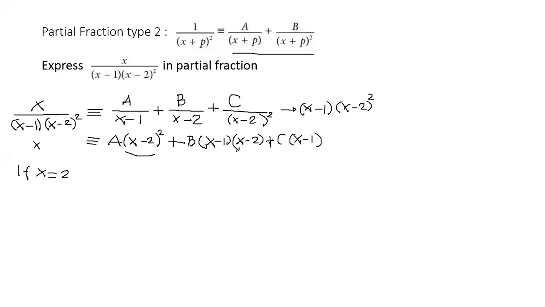The second term as well is 0, because 2 minus 2 is 0; 0 times b is of course 0. So what is 2 minus 1? It equals 1.